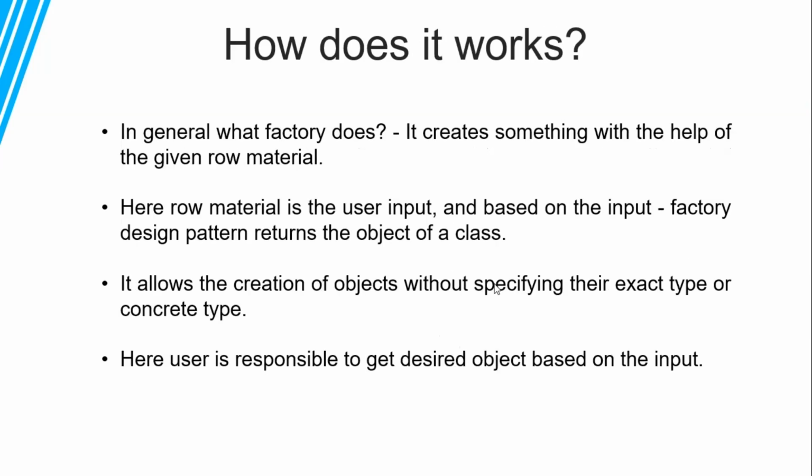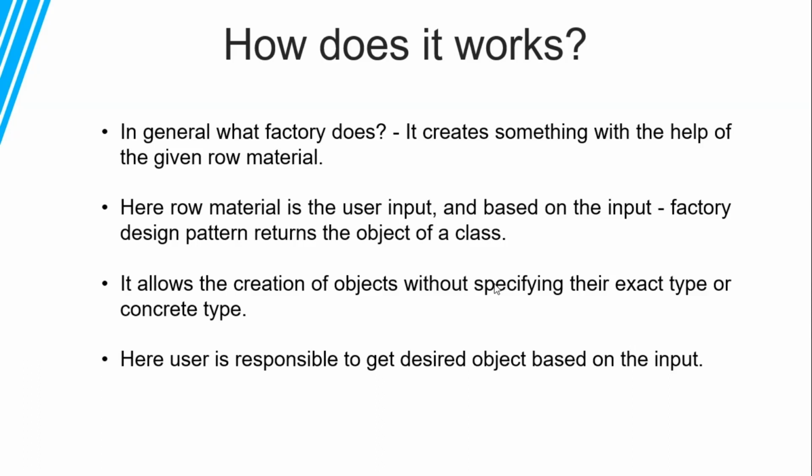In general, what do we mean by a factory? Every factory we have seen has some input, some raw materials, and based on that raw material it will produce some output. It creates something with the help of the given raw material, the given input.